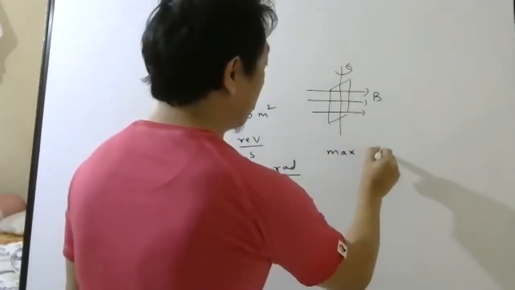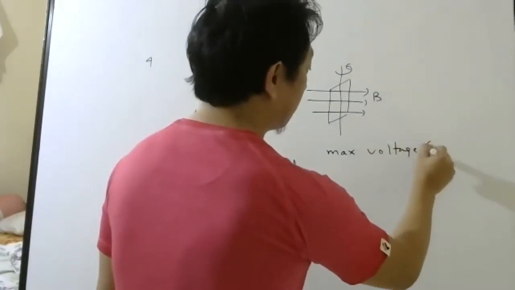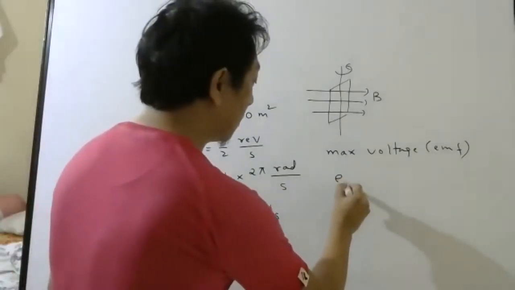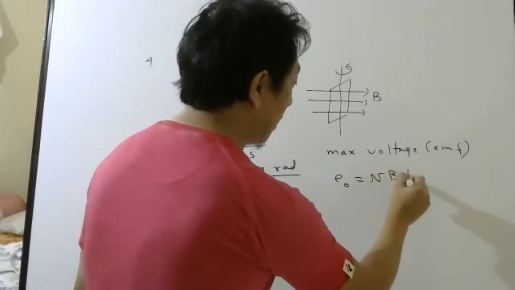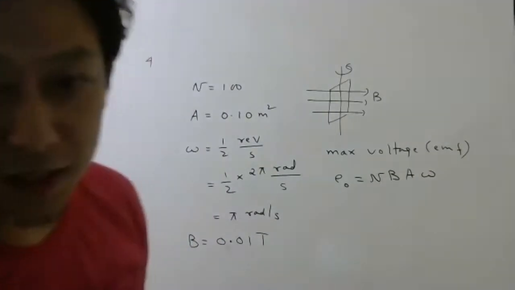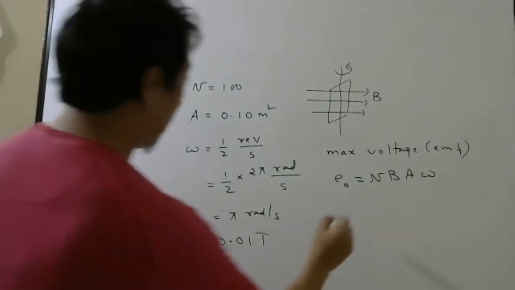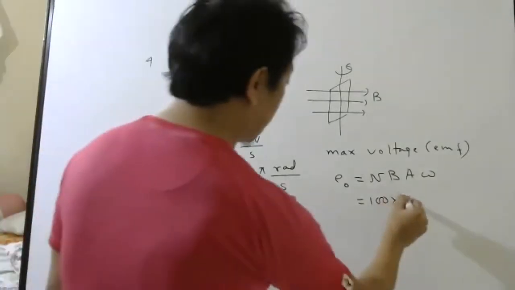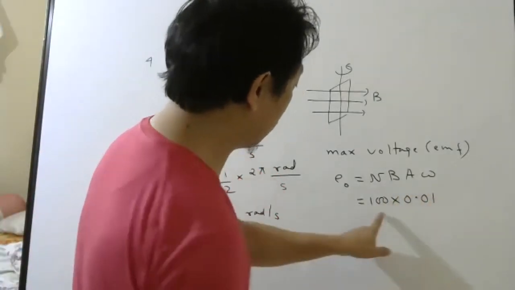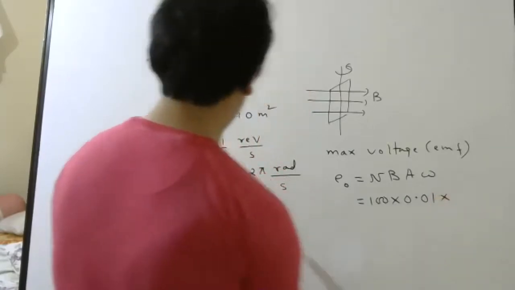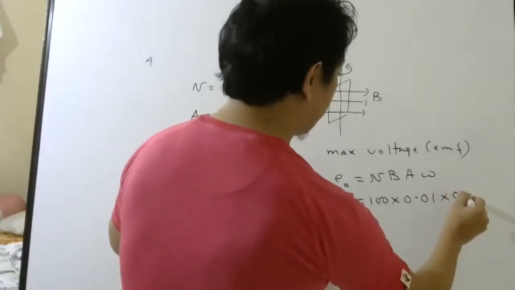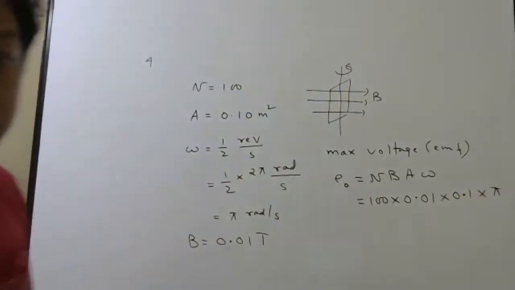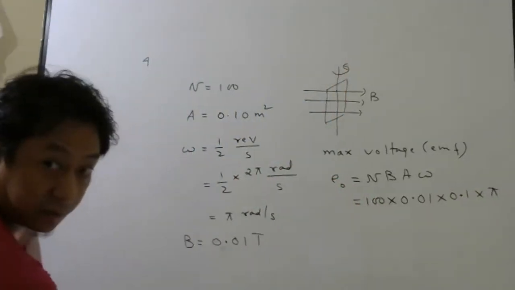So maximum voltage EMF, just now I gave you the formula, NBA omega. N is 100, B is 0.01, so this will become 1. Area is 0.1, omega is pi. Okay, so how much will you get?